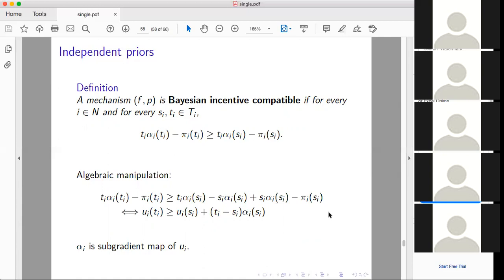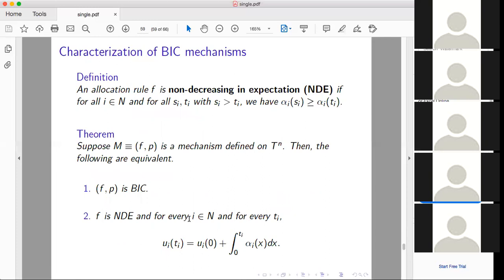So it looks exactly like the earlier constraint, except that now these are in interim terms. Earlier it was all in terms of ex post terms. Now it's in interim terms. Okay, and you can easily see that α_i is now the subgradient map of U_i.